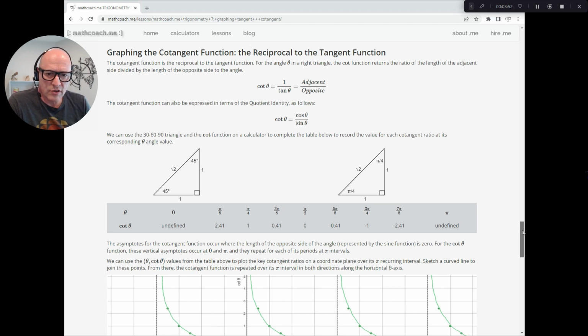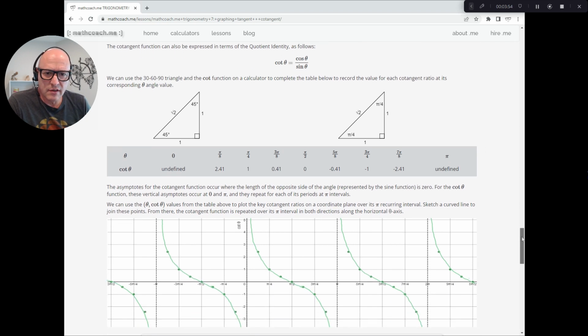So you'll want to plot some of these key values. Now at 0 and pi, we have asymptotes. Cotangent of 0 degrees is undefined, cotangent of 180 degrees is undefined.